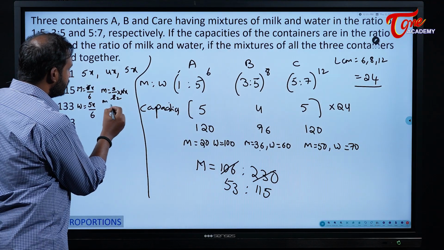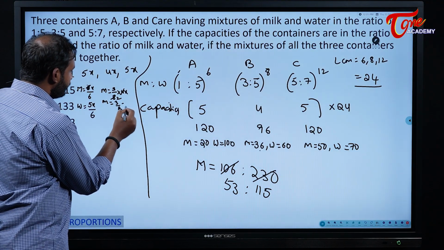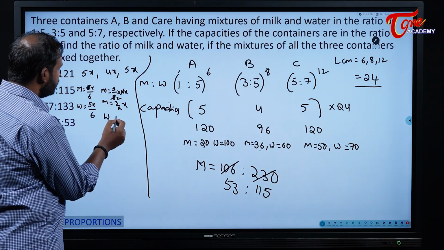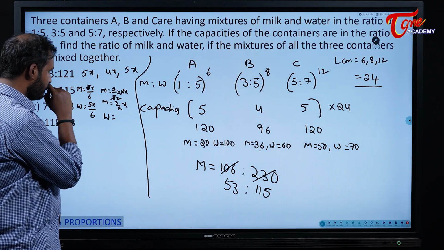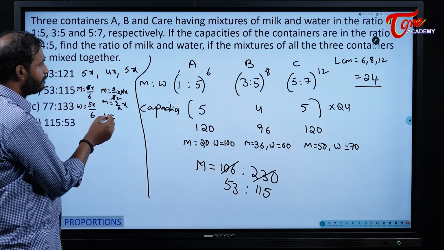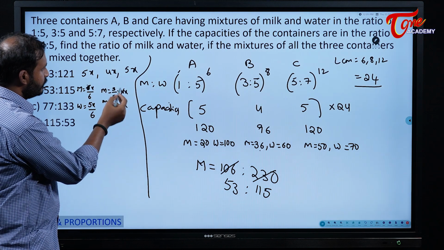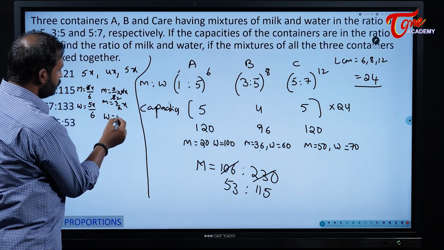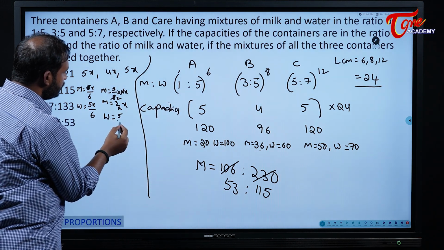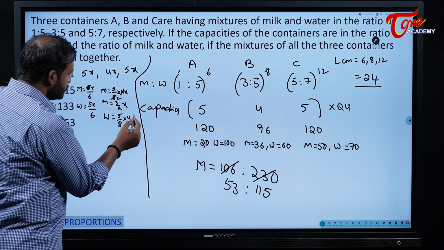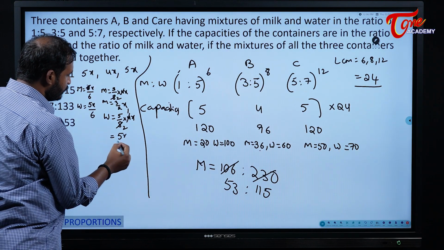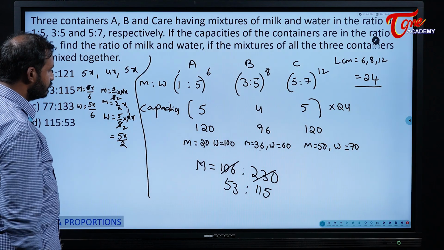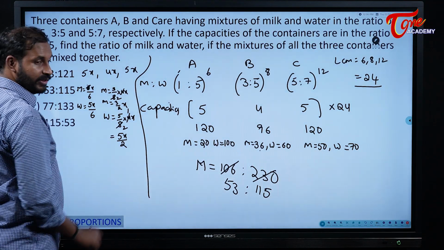If milk is 3x/2, what about water in this case? Water is 5 parts. So 5/8 into 4x. So 4 ones, 4 twos. This will become 5x/2 for me here.